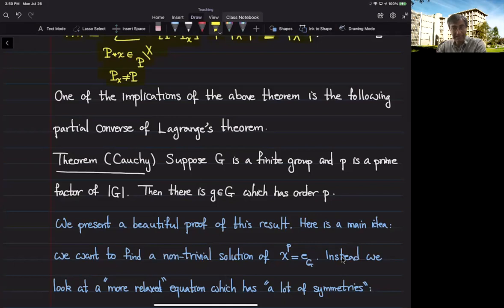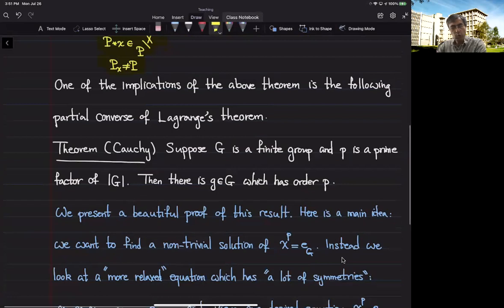In fact, it has an element of order n precisely when it's a cyclic group. But what Cauchy's theorem says is that if I start with a prime factor p of the cardinality of the group, then for sure there is an element of order p. So that's Cauchy's theorem, and that is what we are going to show.